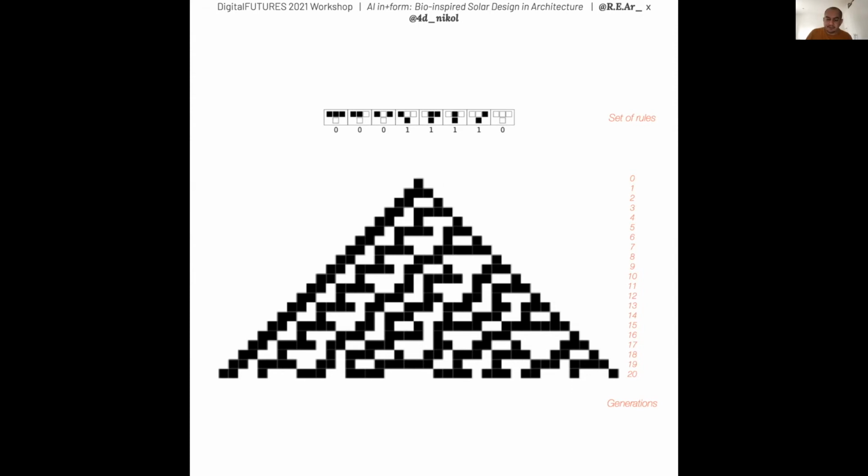So it's super important in this way that maybe a CA is a way of materializing a way of thinking based on aggregations and rules instead of a predefined shape. So you can discover a shape after testing different possibilities of combinations in your design process.